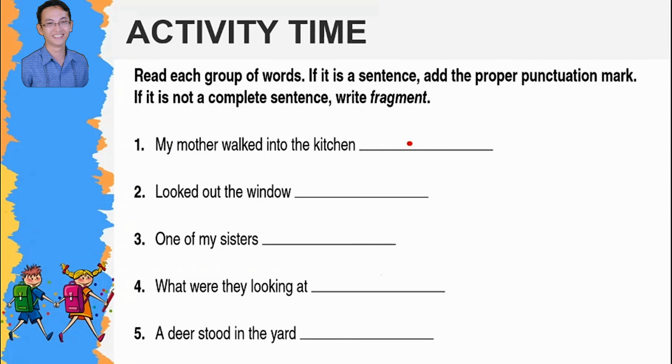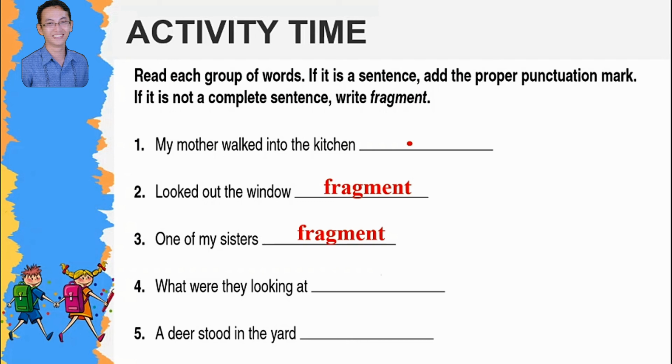Is it a sentence or a fragment? It is a fragment because it doesn't have a subject. Number 3. Out of my sisters. Also a fragment because it doesn't have a predicate.